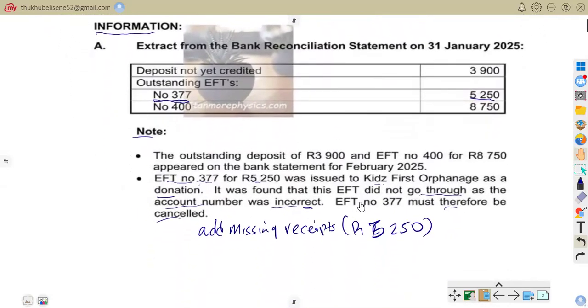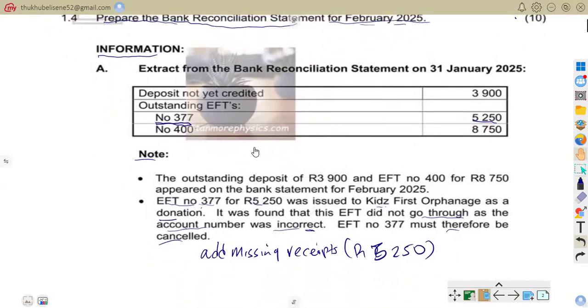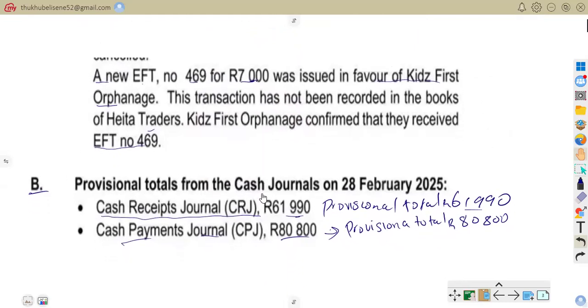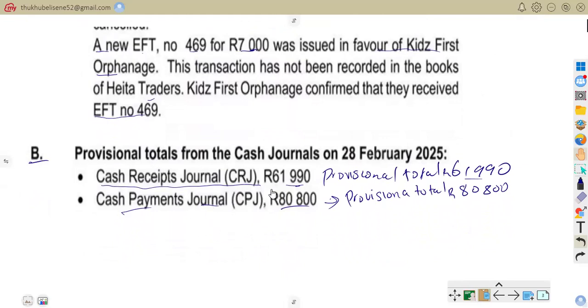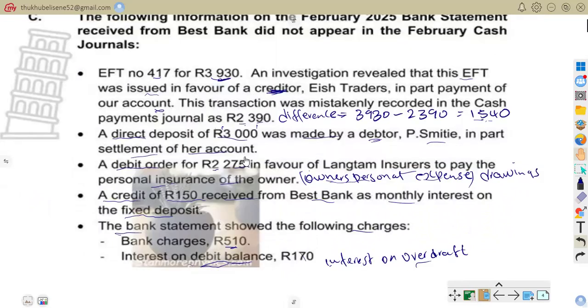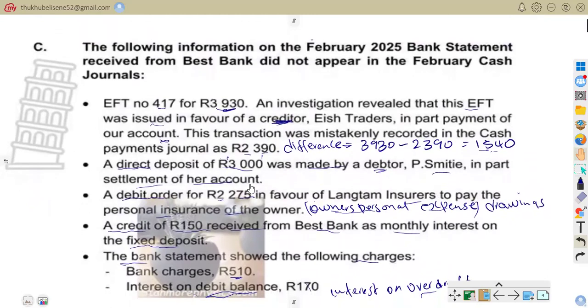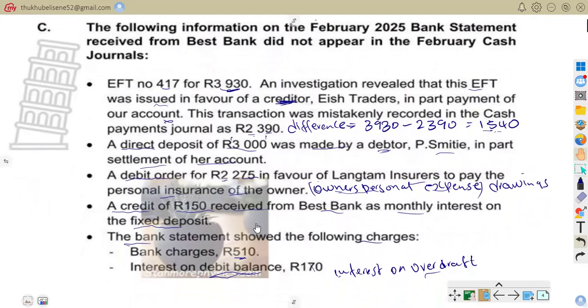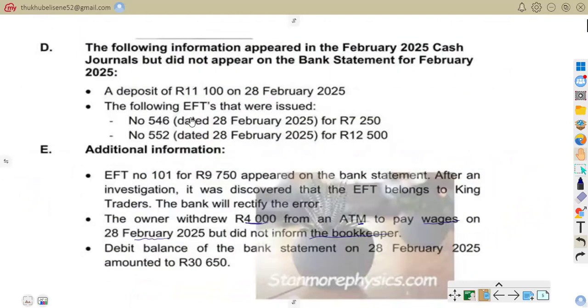So if we go through our information together, let's see if there is any balance on the bank statement that we are to start with. You can see there is no such here, as it was for cash payment and cash receipt journal. On D, as we go through the information, you can see there is nothing.